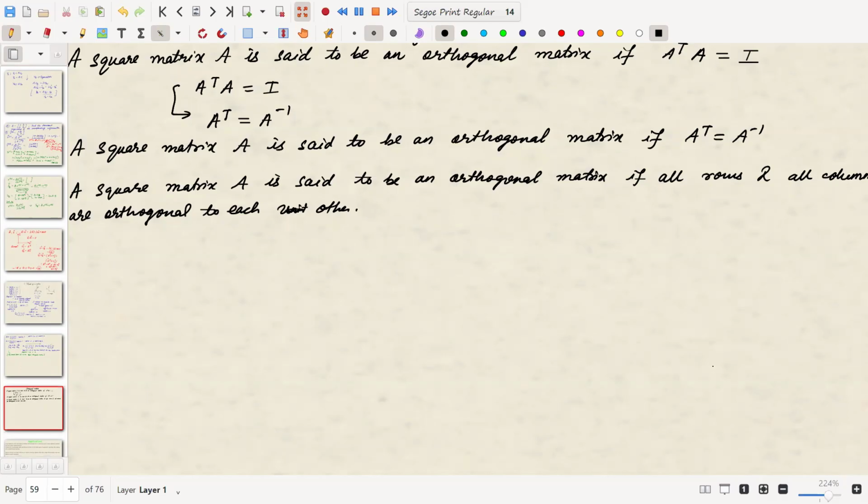We'll check this definition. Maybe some examples first.